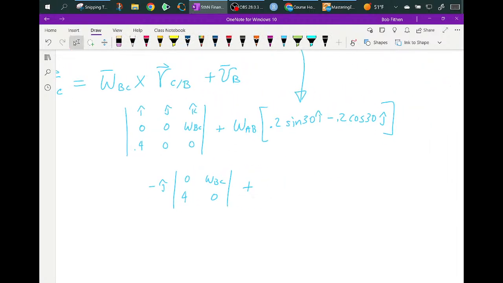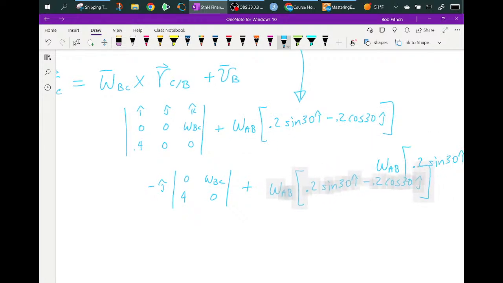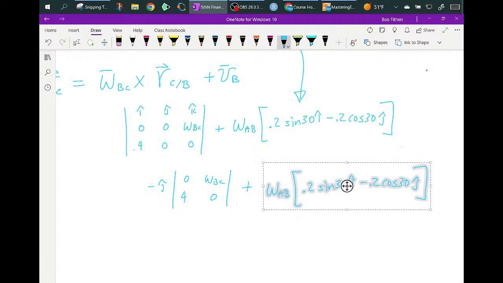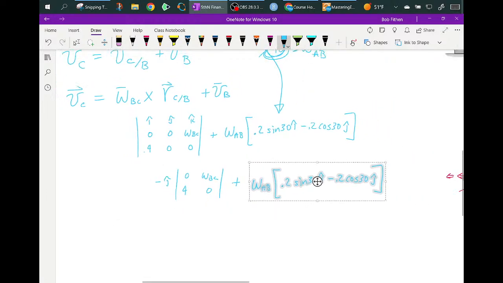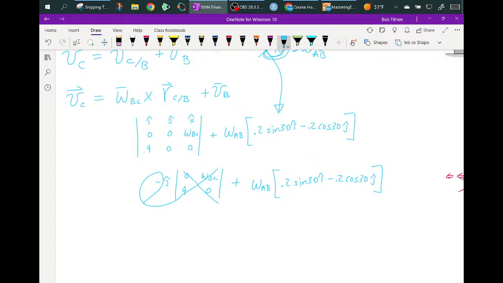And the magic of this stuff is that I can just simply put it right there. That times that, minus that times that, but there's already a minus.